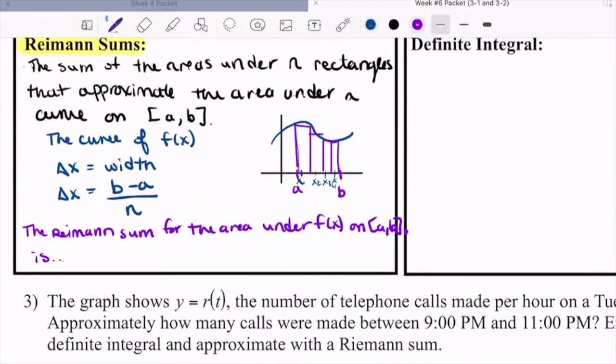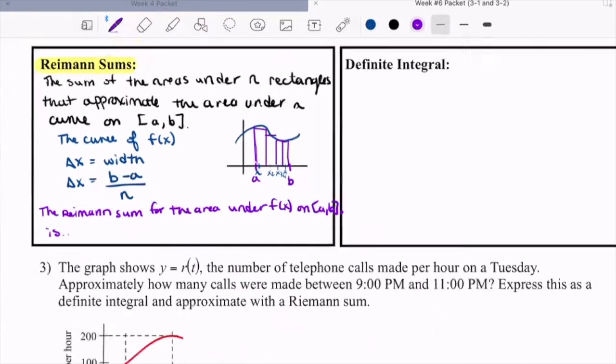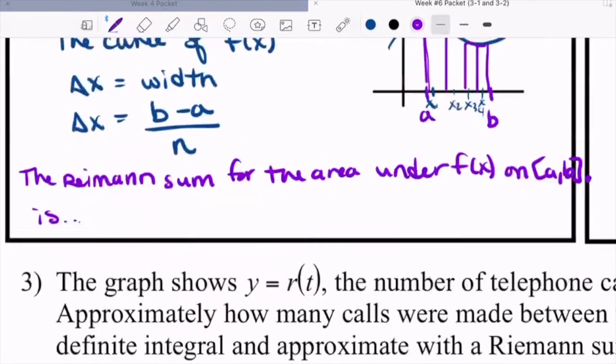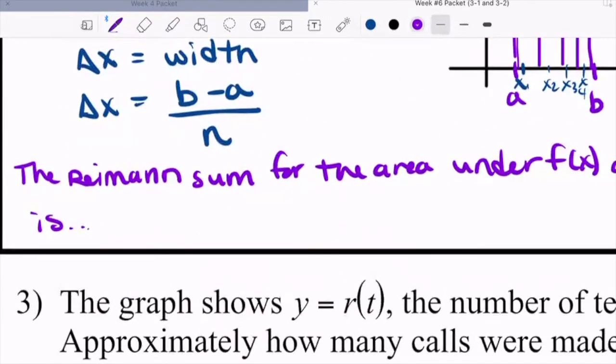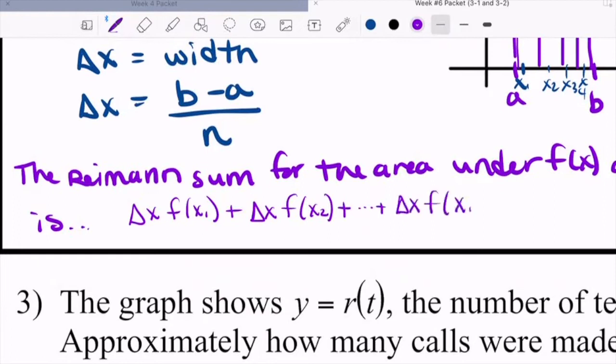The sum would be the addition of all of the areas of those rectangles. So it would look like change of x times f of x sub 1, plus change of x times f of x sub 2, plus all the way up until change of x times f of x sub n.